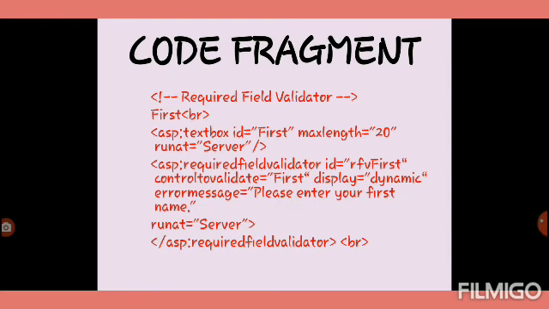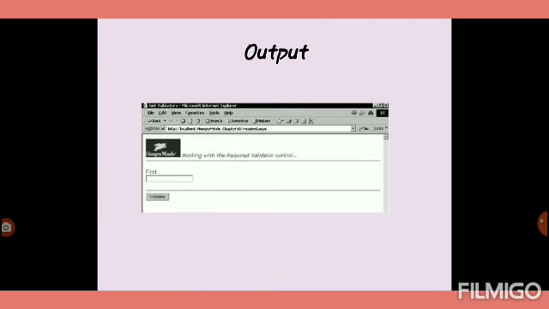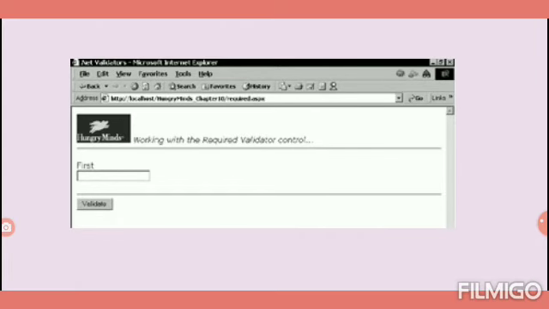Before seeing this code fragment, let me show the output. Then you can understand the coding better. See, I zoom it. First is a label, and beside first we gave a text box. The text box has to be filled.